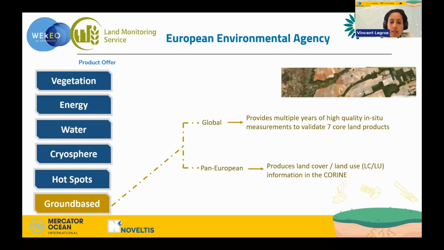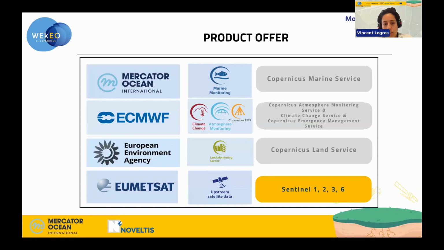In this case, it provides multiple years of high quality in situ measurements which were used to validate geospatial land products, and products like land cover and land use from other satellite products.